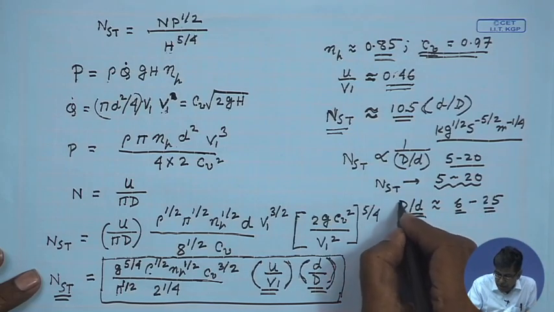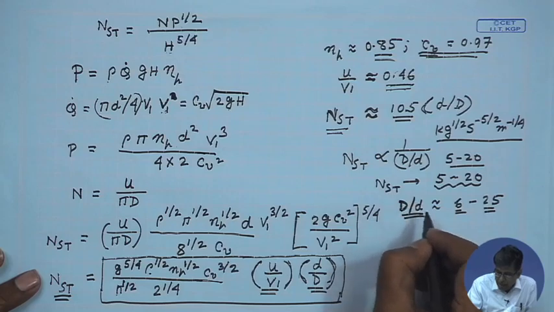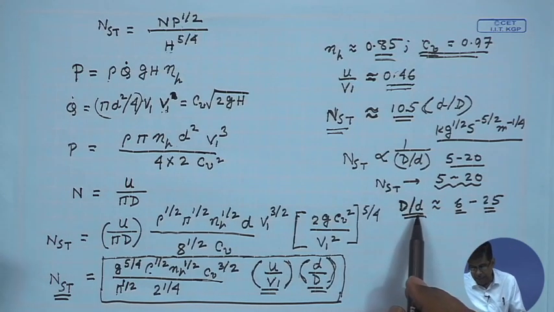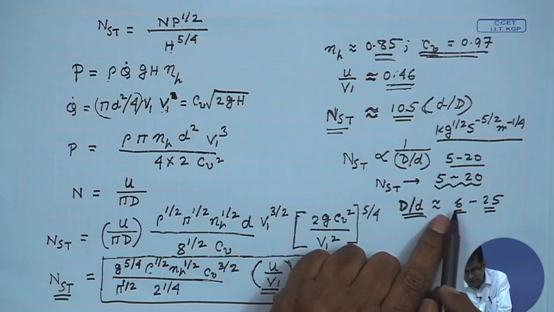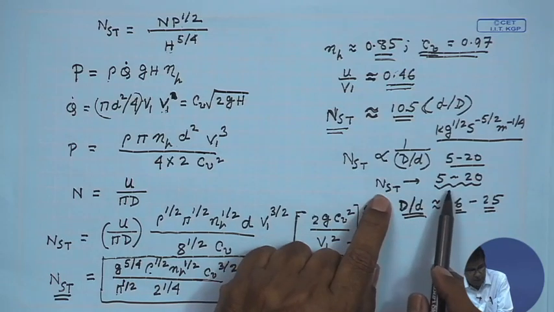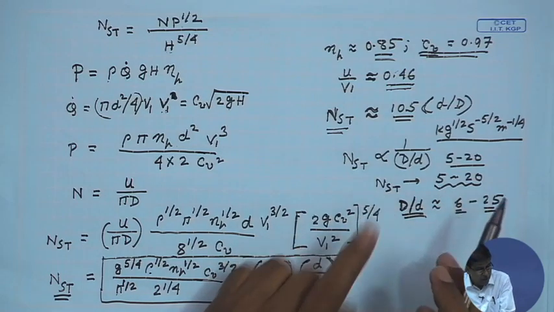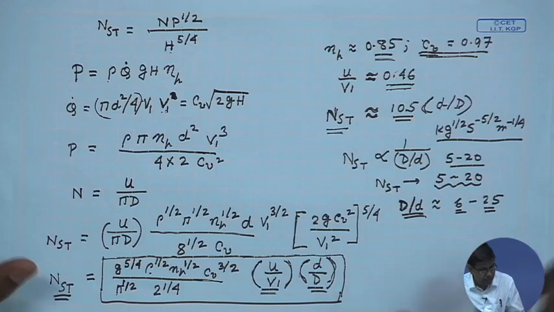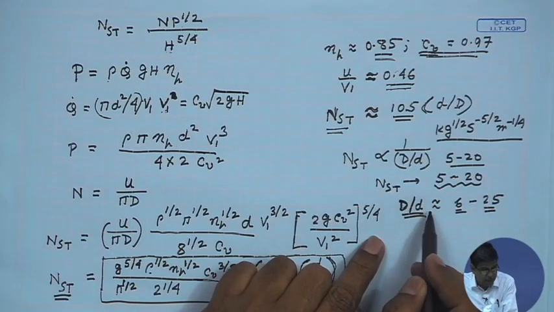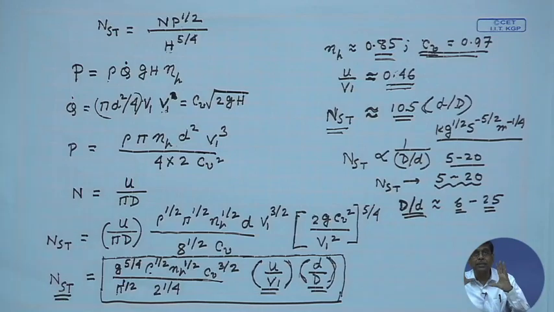So, therefore, you see the ratio of the wheel diameter to the jet diameter depends upon the range of the specific speeds. Now, there are certain things to be known at this stage. If we have a large D by d, what will happen? If we have a large wheel to jet diameter, then the machine will be large and the speed will fall. It will have a lower speed, but the machine will be large, for which the mechanical efficiency will also be low, which is not desirable.